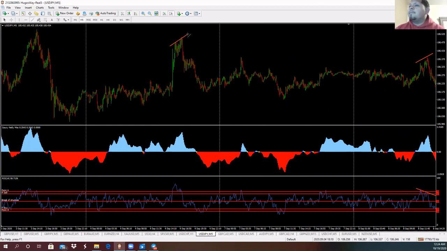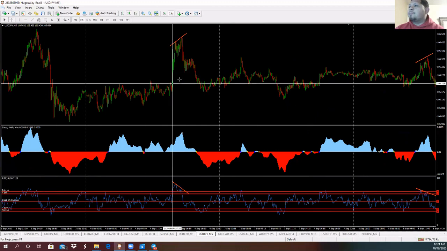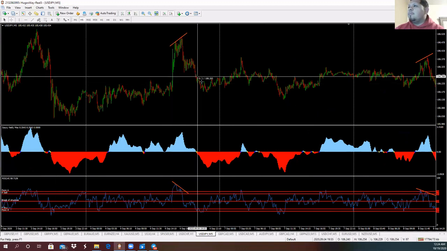Same thing. High and a higher high on price, high and a lower high on the RSI. This one was about 8 pips.